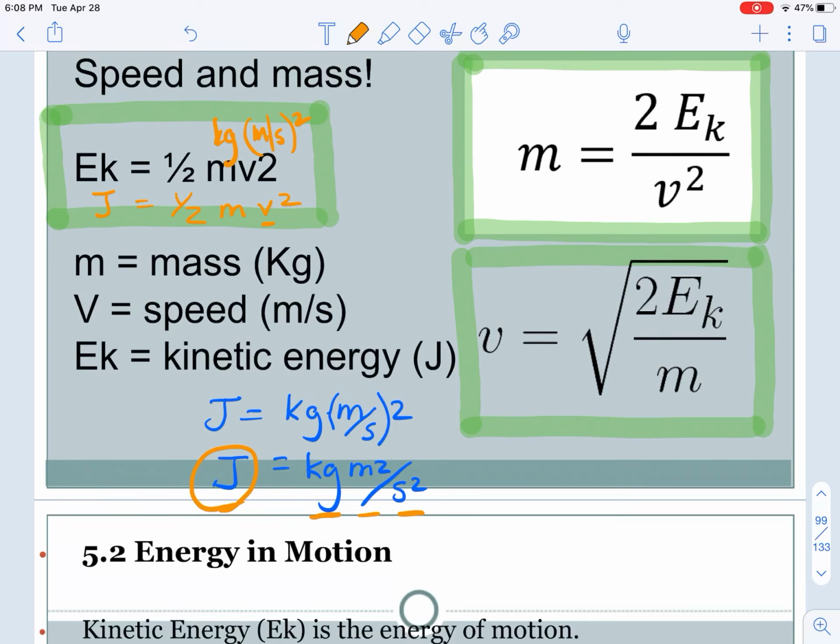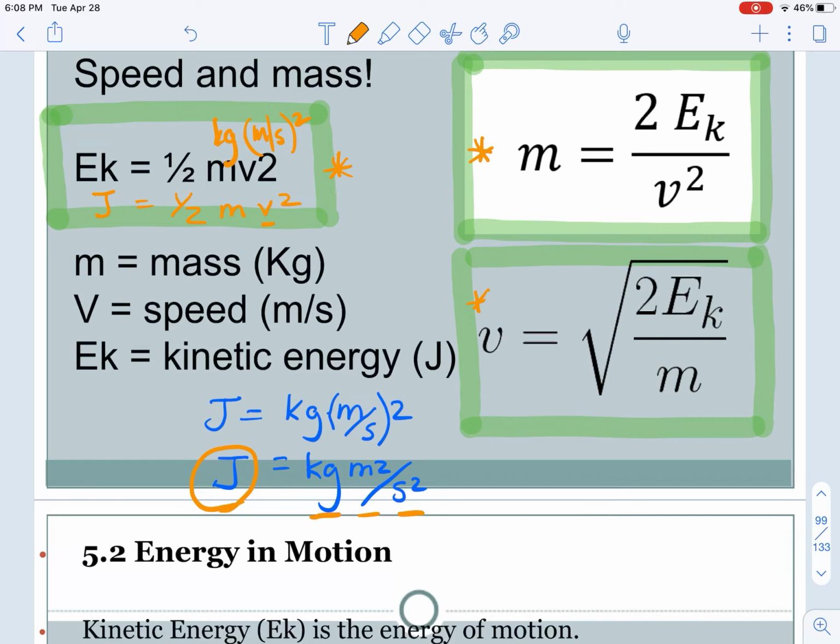This gets a little bit tricky when you have to change the formula around, and you can't really go back to our old triangle method and make this simple. To calculate mass, it is going to be 2 times kinetic energy over velocity squared. If you're finding velocity, you're going to have to do the square root of 2 times kinetic energy over mass.